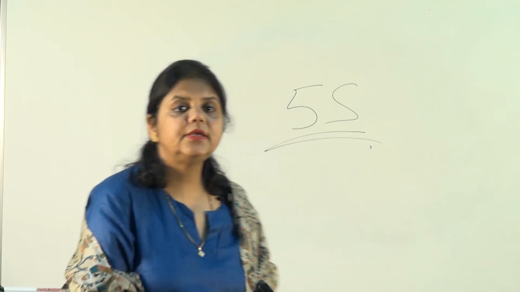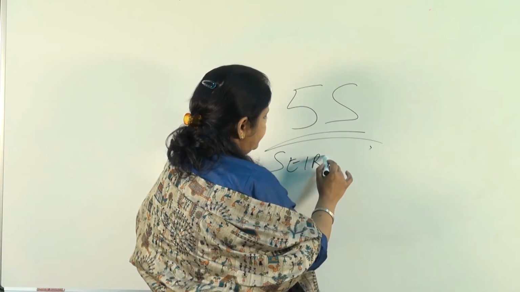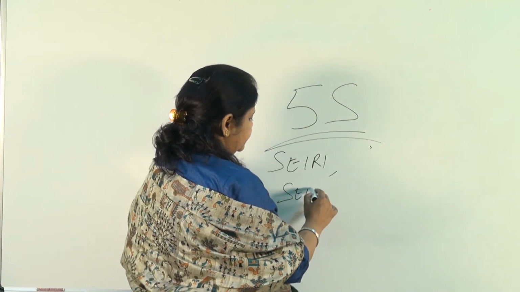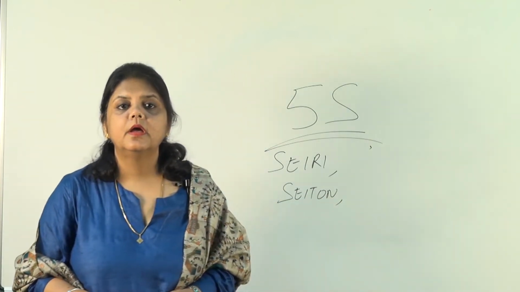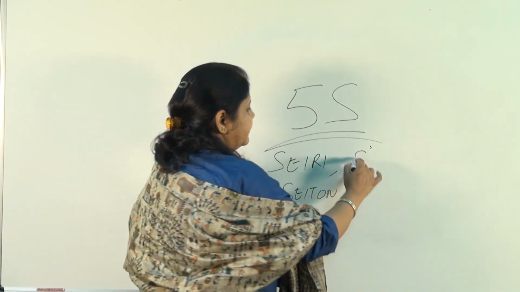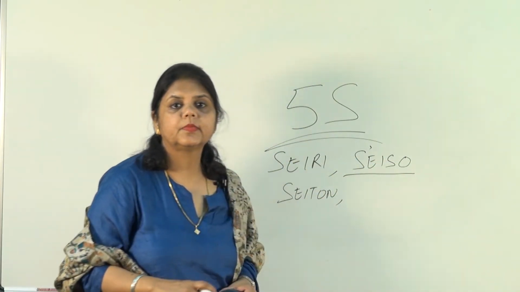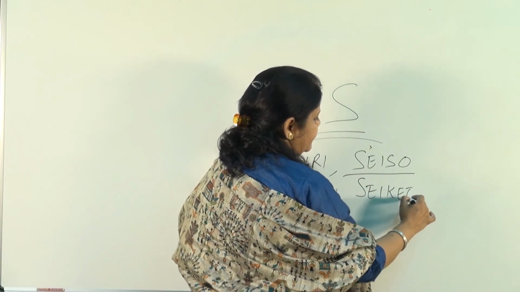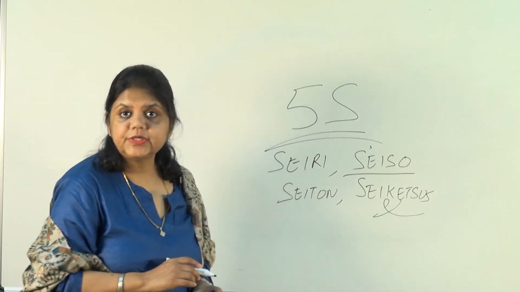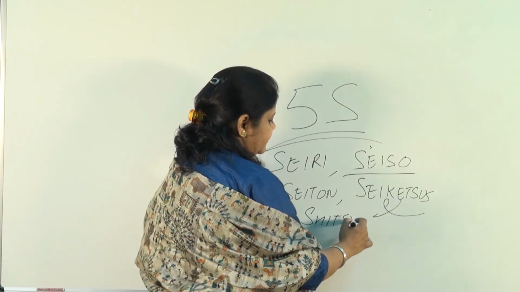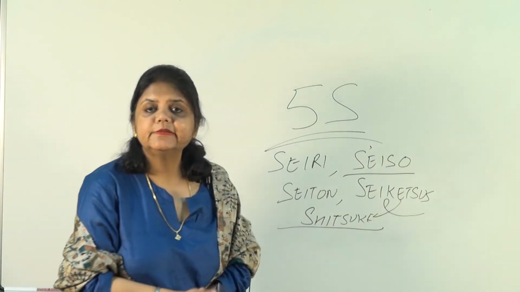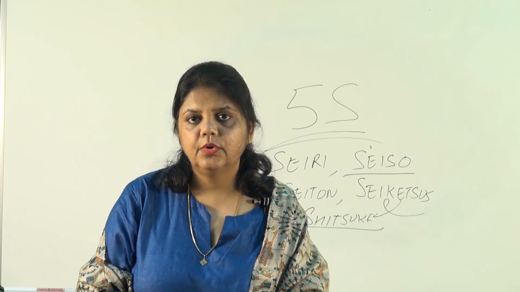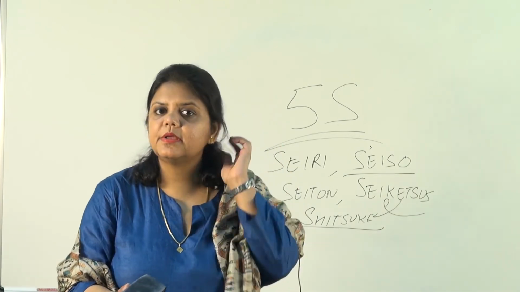They are known as Seiri, Seiton, Seiso, Seiketsu, and Shitsuke. These 5 Japanese words have different meanings, overall coming down to the housekeeping of the organization.